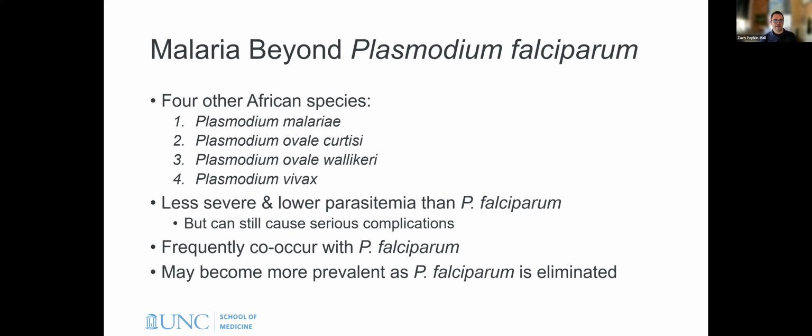But that said, they tend to co-occur with Plasmodium falciparum, especially in the African context. And the big worry and the impetus of this project is that those non-falciparum species may become more prevalent as falciparum is eliminated, which is something that we have seen in other parts of the world.